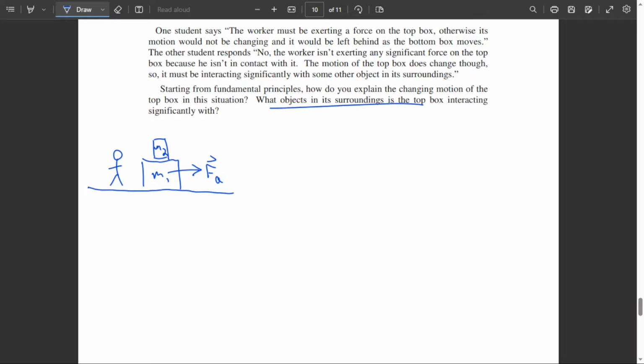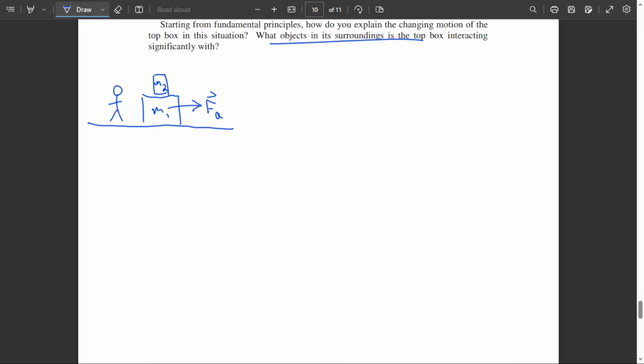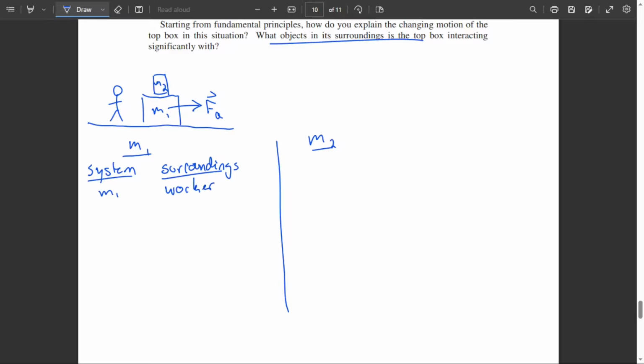As it mentions, it might be a good idea to start by looking at the systems and surroundings of the bottom box and the top box. So, let's say M1, and then over here we'll look at M2. Starting with the bottom box, let's just say the system is the box only, and the surroundings is everything else. That's going to be the worker and top box and the earth.